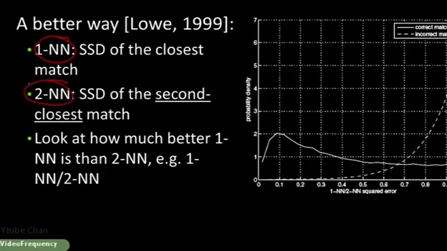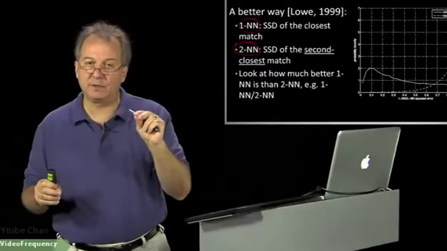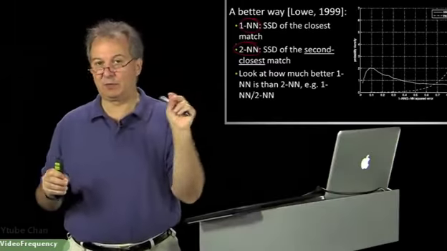Now, if you think about this, before we get to the plot, when you're a correct match, the best is really good and it's the best one. And the next best one, well, presumably we know it's not going to be as good, and however much it falls off will depend upon where in the image there happens to be another point that just happens to look like this one. So you're going to get that ratio, all right? But now consider a point that is not the right one.